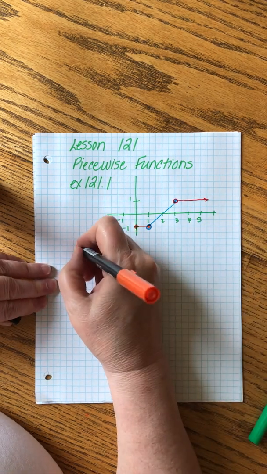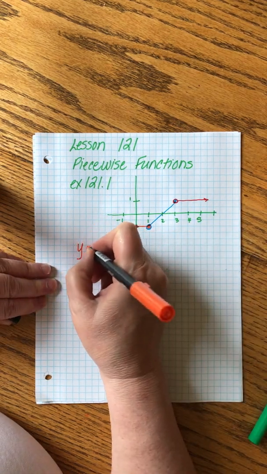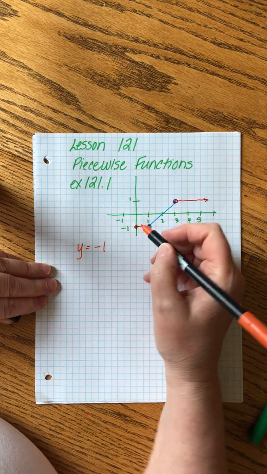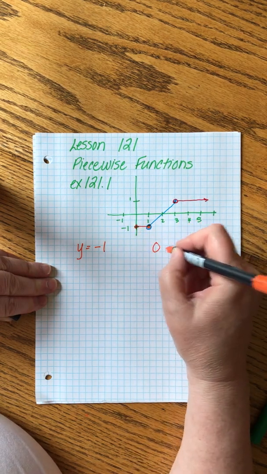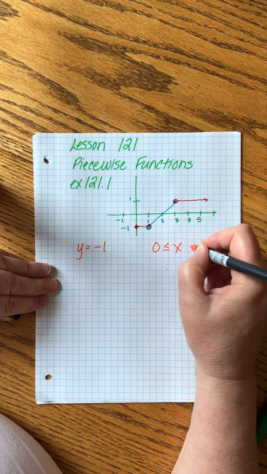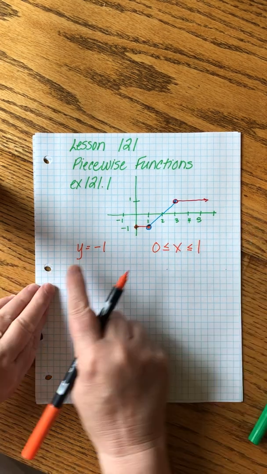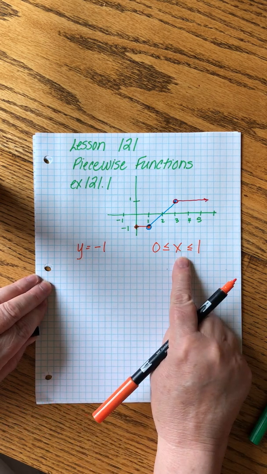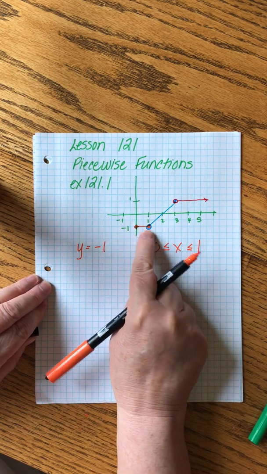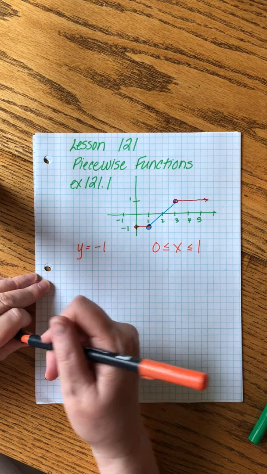So this one is y is equal to -1, and that is when x is between 1 and 0 inclusive, right? So here's the equation of the orange line, and here's the domain that describes the part we're interested in.